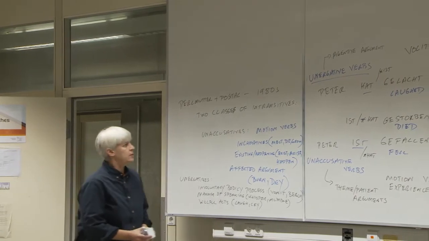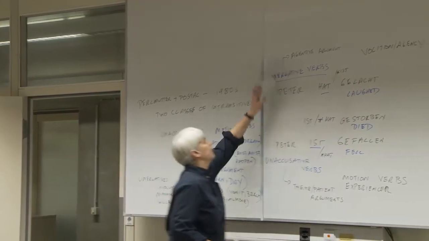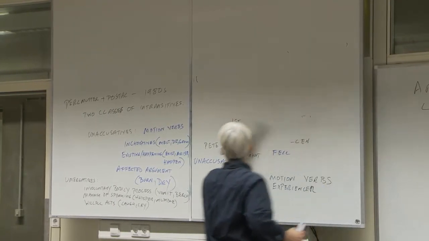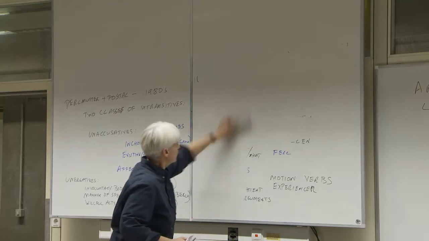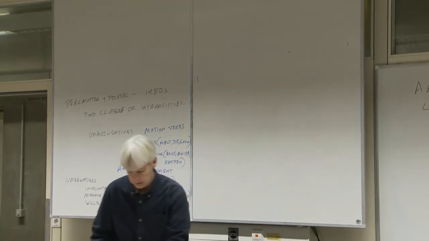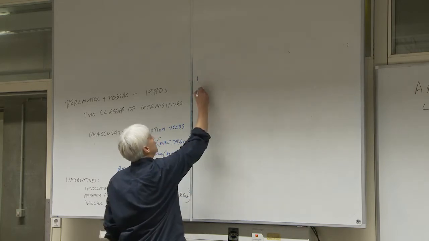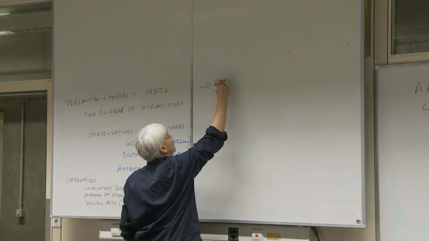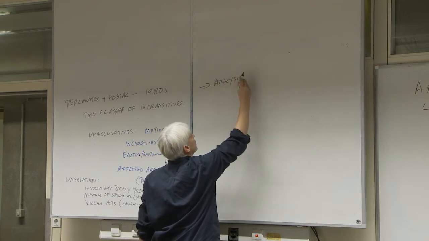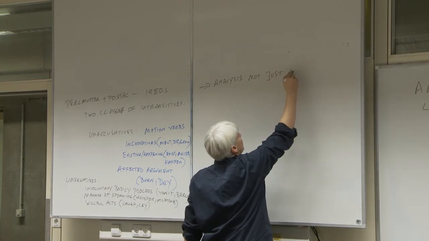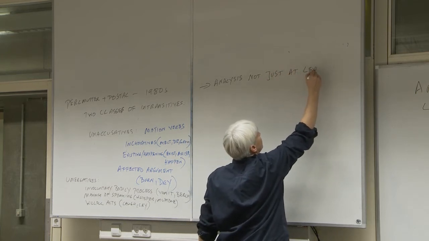Okay, so now why is this relevant? Because it shows that what one needs in linguistic analysis is not just grammatical relations, not just analysis at the level of GF.